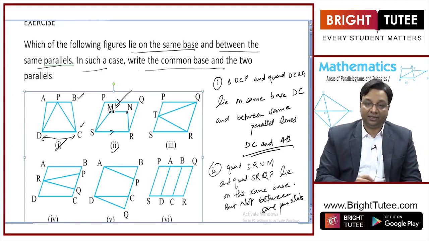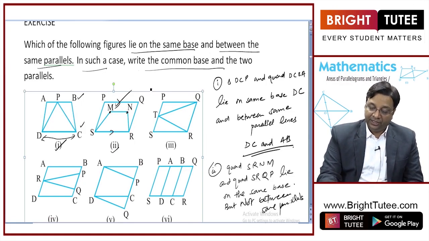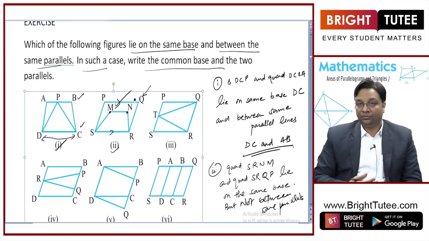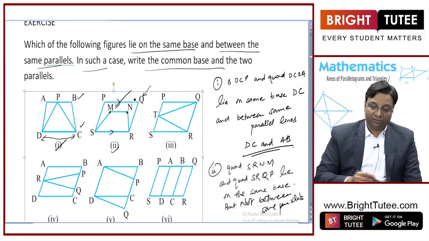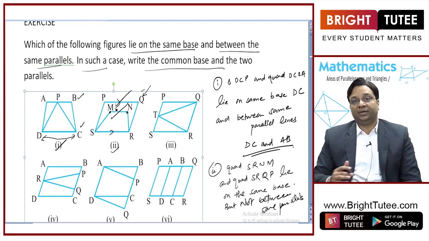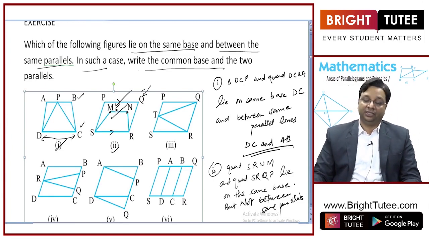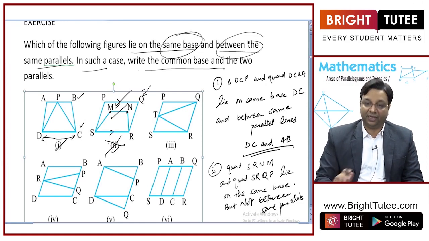SR and PQ are parallel. M and N should have lied on line PQ for it to be on same base and between same parallel lines, or the other way around. If MN and SR are parallel lines, then points P and Q should have lied on line MN for it to be between same parallel lines and on the same base. But in this case, it is not the case of same base and between the same parallels.